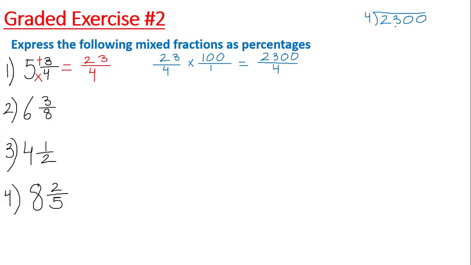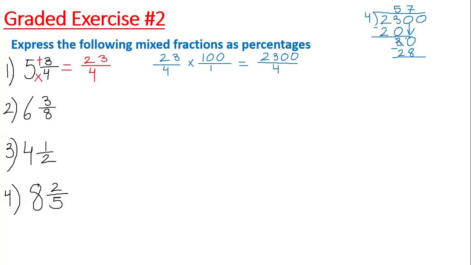How many times does 4 go into 23? 5 times. 4 times 5 is 20. And 23 minus 20 is what? 3. Bring down the 0. How many times does 4 go into 30? 7 times. 4 times 7 is what? 28. 30 minus 28 is what? 2.